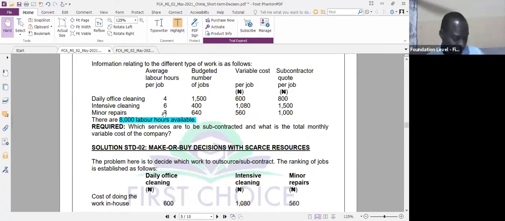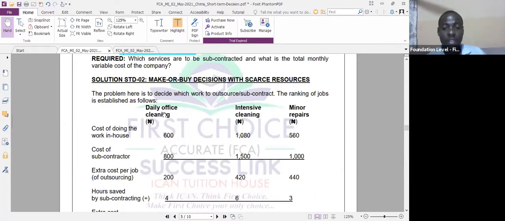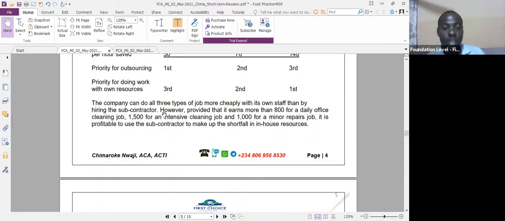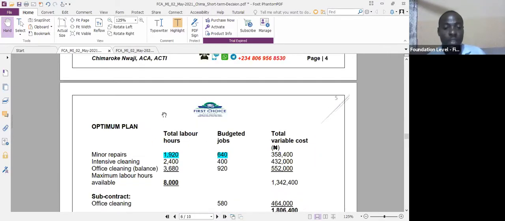So minor repairs is 3. So we are trying to see 3 times 640. It's going to give me 1920. That is the total hours that is supposed to be used to do these 640 jobs.